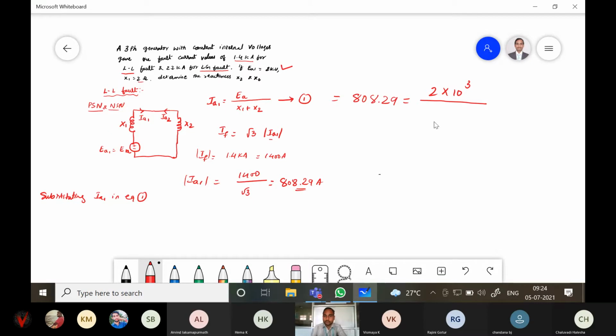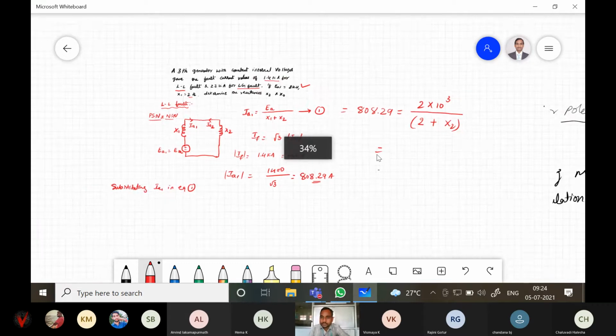The x1 value is given as 2 ohm, plus x2, which is unknown. Now calculate x2 by using this equation.